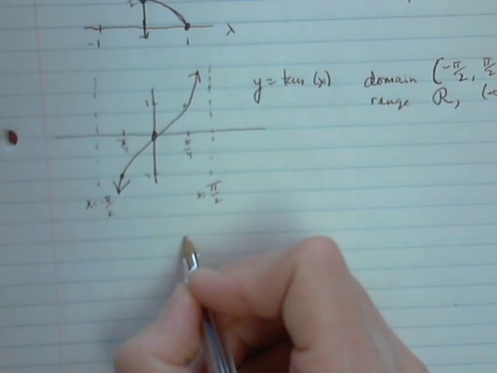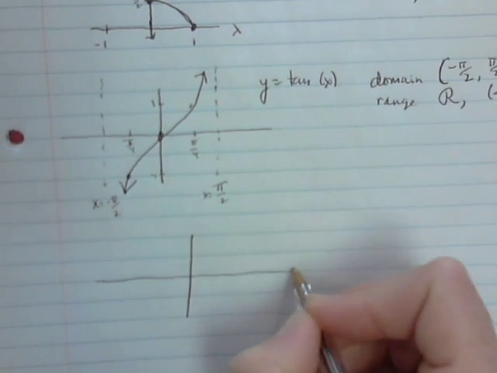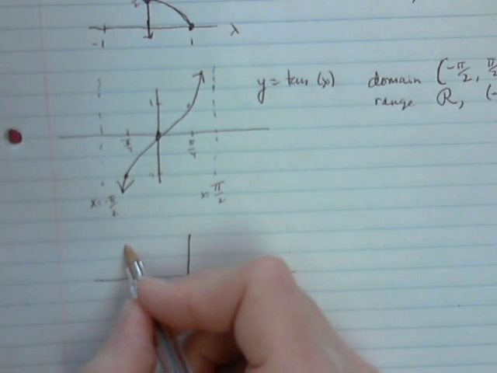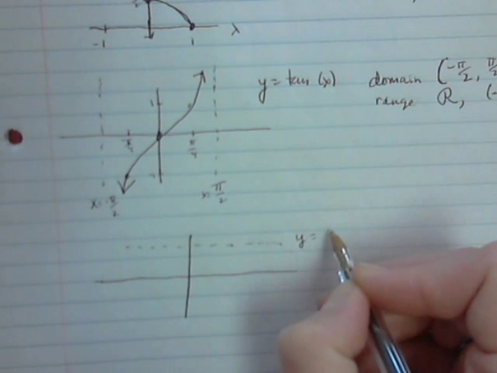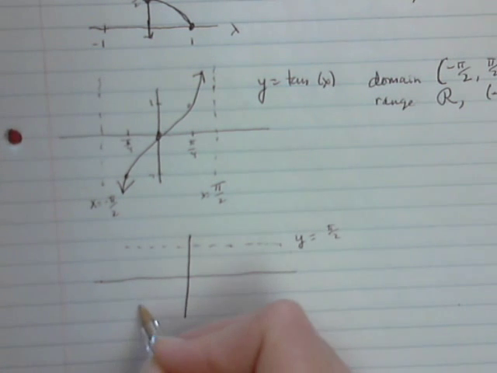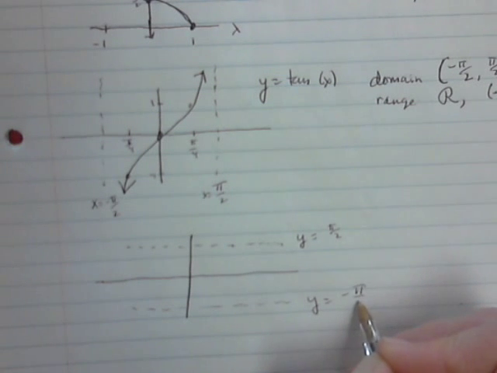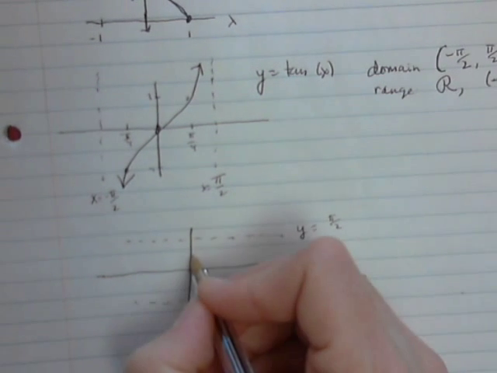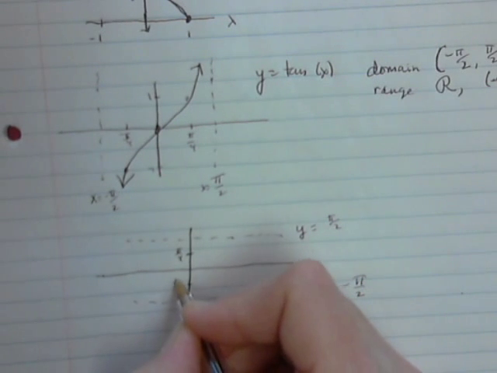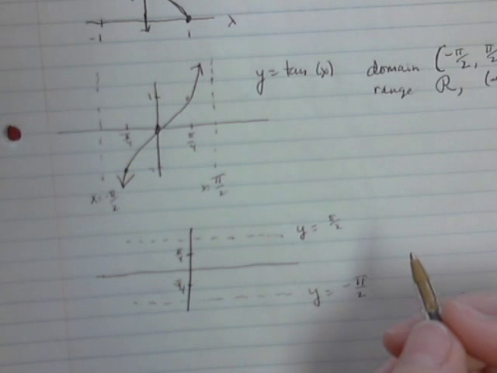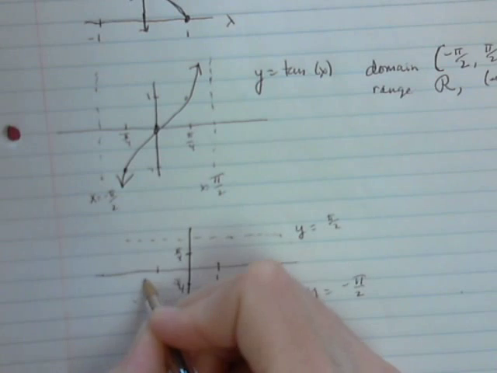Now, if I wanted to graph the arctangent function, instead of vertical asymptotes, I'm going to have horizontal asymptotes. So this horizontal asymptote is y is equal to pi over 2. And this horizontal asymptote is y is equal to -pi over 2. And we have a point here, 1 and -1.